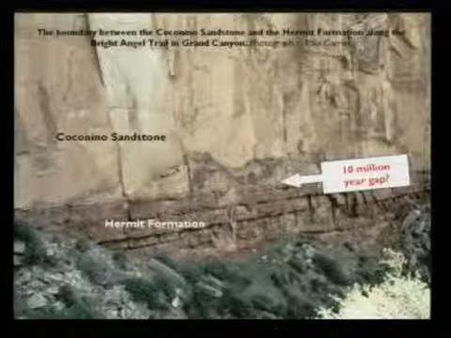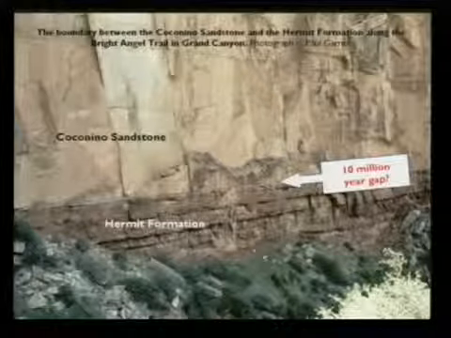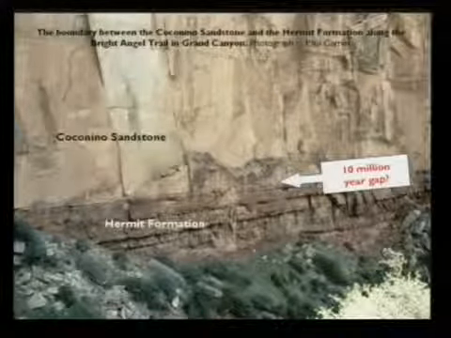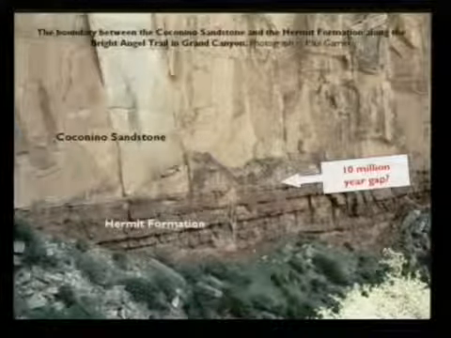Thousands of visitors have a very vivid impression of this abrupt boundary between the cream-coloured Coconino Sandstone and this reddish Hermit Formation underneath as they walk along the Bright Angel Trail in Grand Canyon.